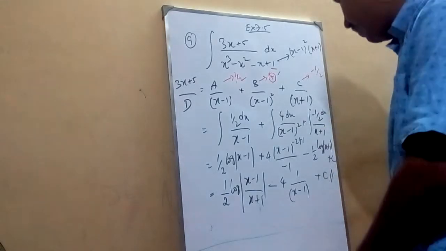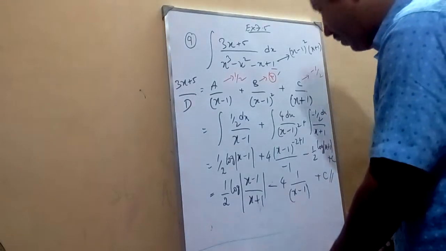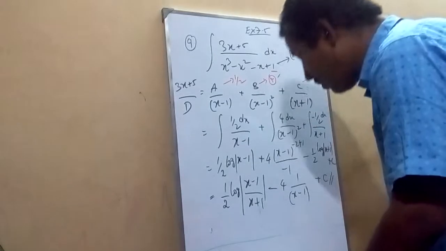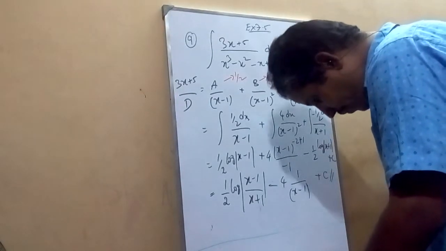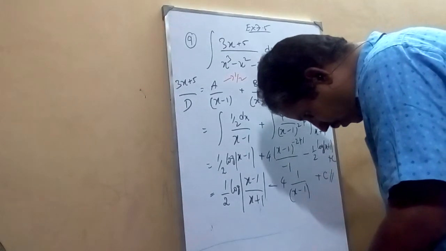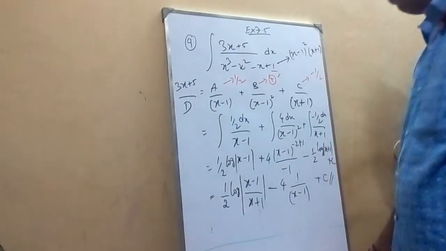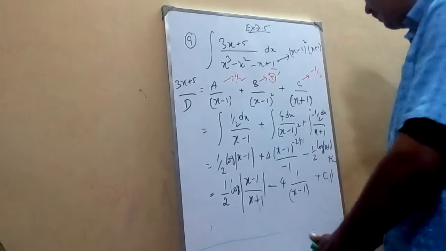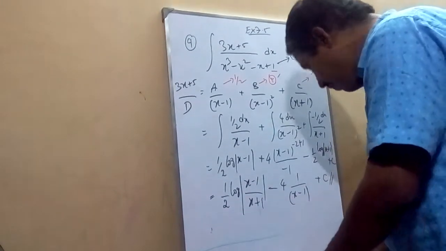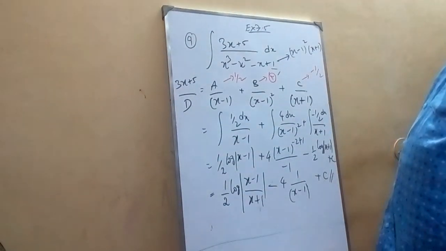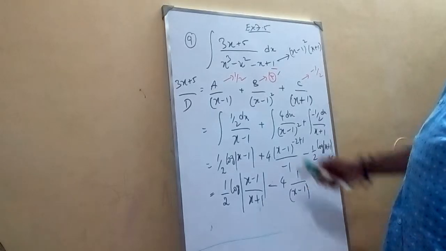So minus of x plus of should be minus. Here the question is coming x minus 1. I don't know where I am making a mistake. This is minus of and plus of it is coming. Let me check it once again.